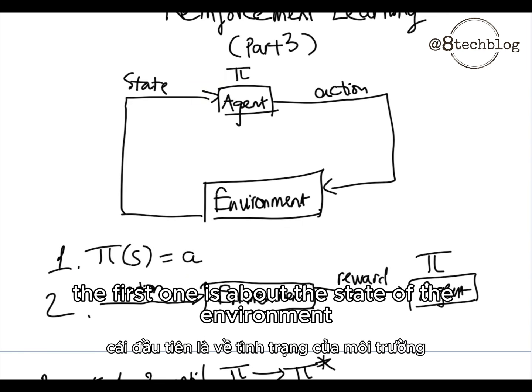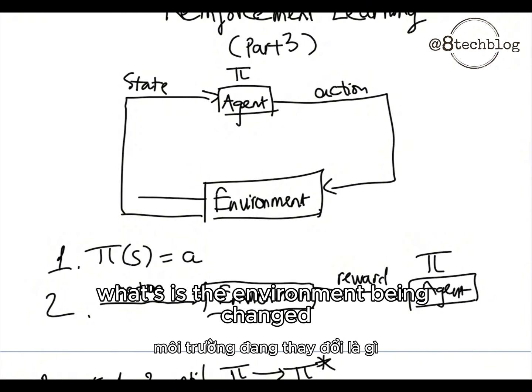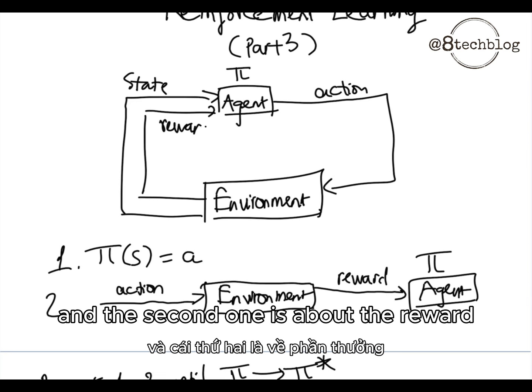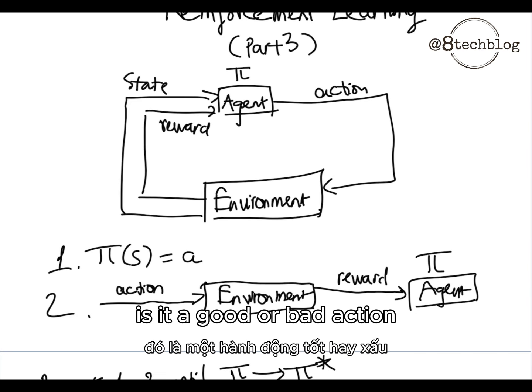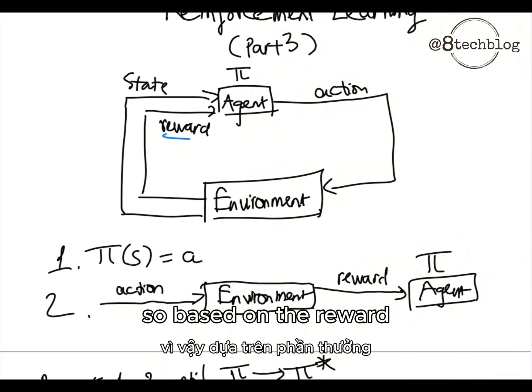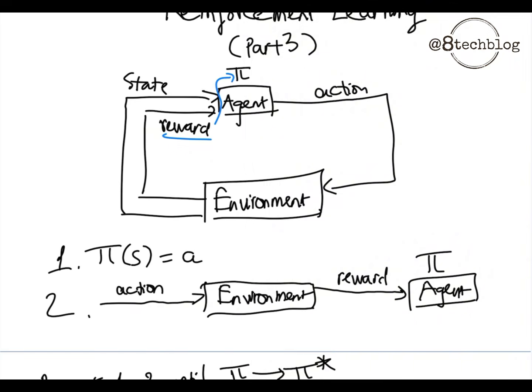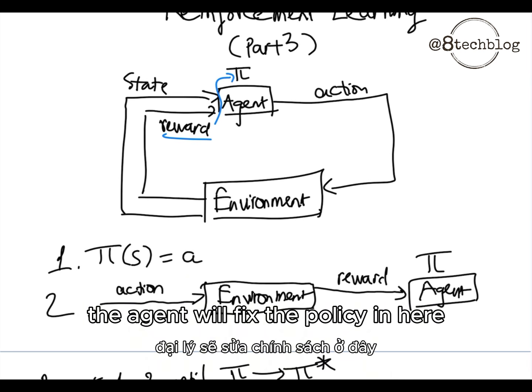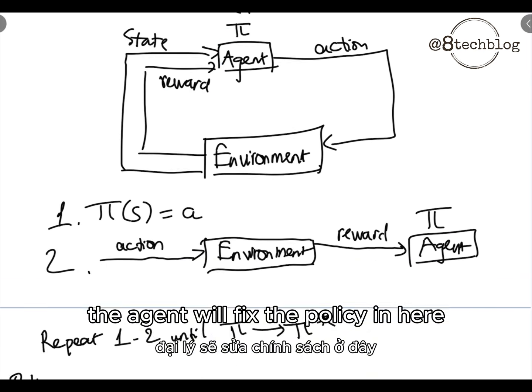The first one is the state of the environment, how the environment has changed, and the second one is the reward, whether it was a good or bad action. So based on the reward, the agent will fix the policy.